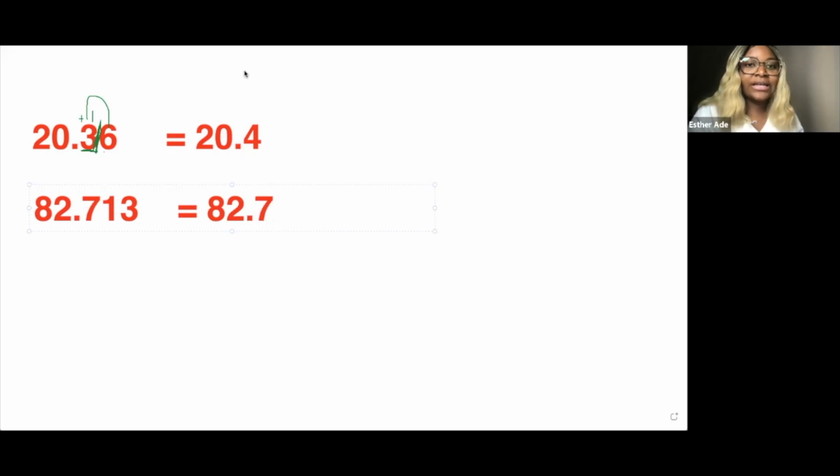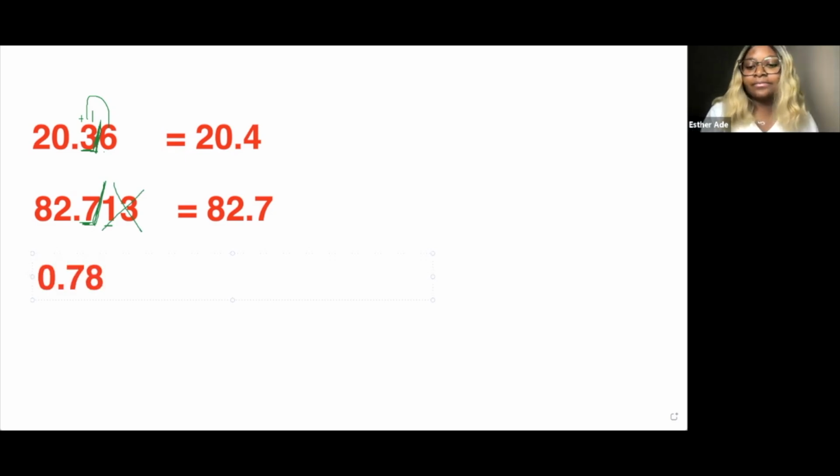Okay, so again, my answer stops right here, 1 number after the decimal. I lock my door. 1 is not up to 5, so I can't round it up to become plus 1. So it's useless to me. Both 1 and 3. So my answer is 82.7.